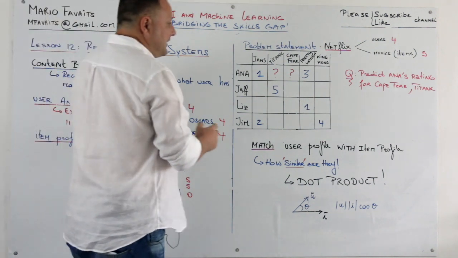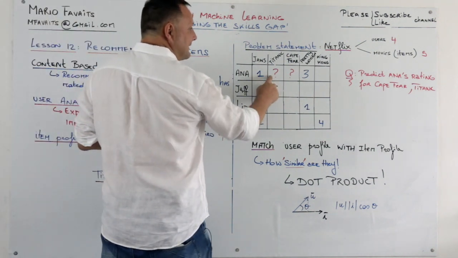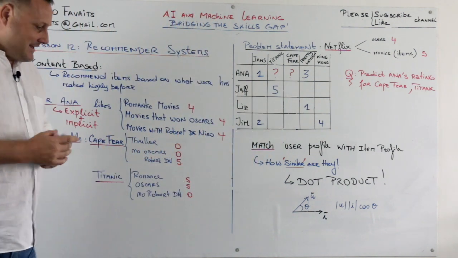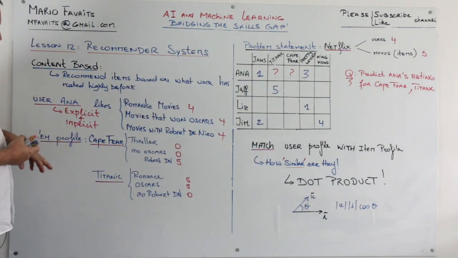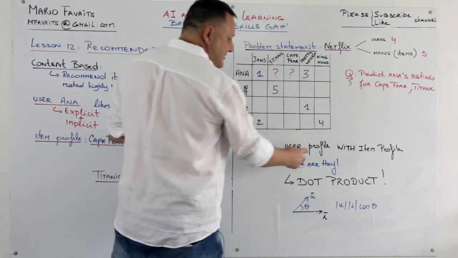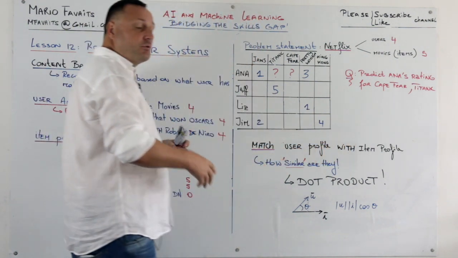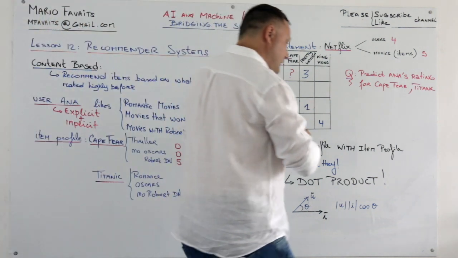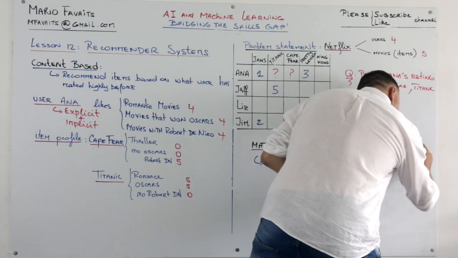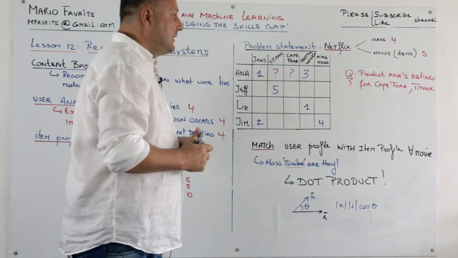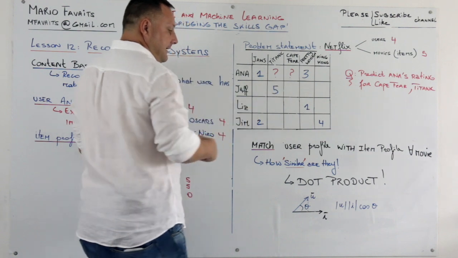Now, what we try to do is to predict Anna's rating for Titanic and Cape Fear. Basically, what that means is how close these 2 profiles match. So we need to match the user profile with the item profile for each movie, in our case Titanic and Cape Fear.